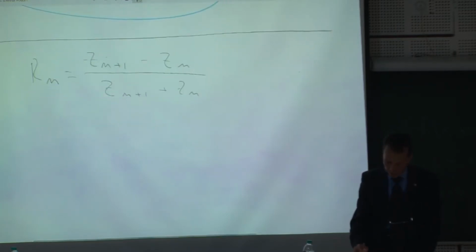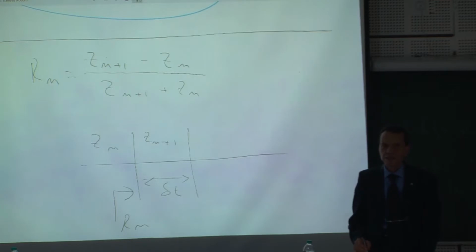Right? So from here, this is Rn. You have Zn plus 1 here, and here you have Zn, and you measure the reflection here.